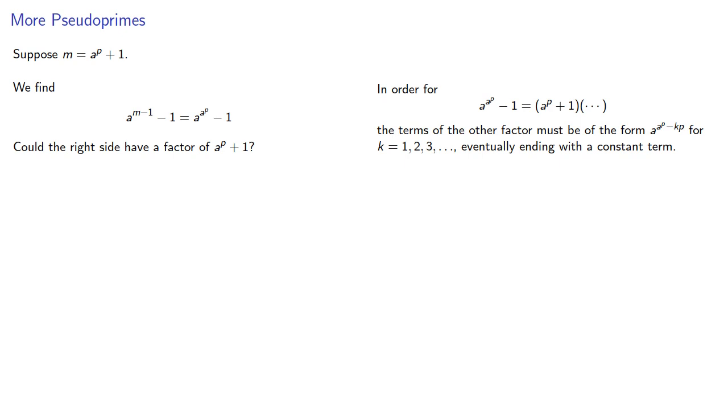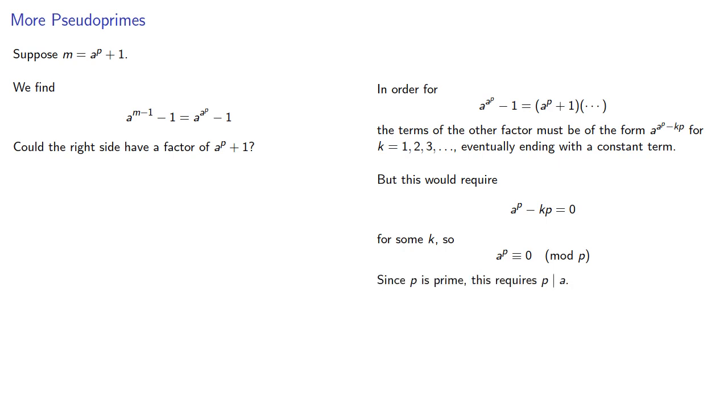But this would require a to the power p minus kp is 0 for some k, so a to the p must be congruent to 0 mod p. Since p is prime, this requires p divides a.